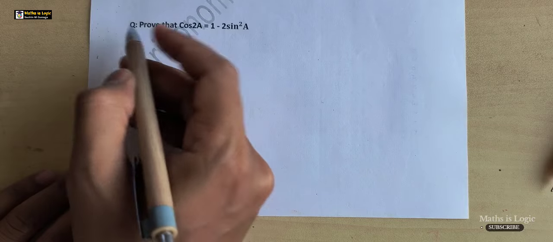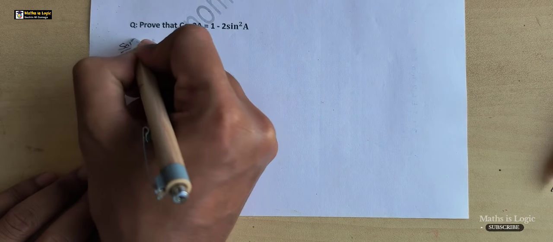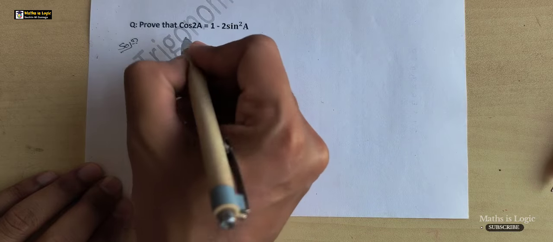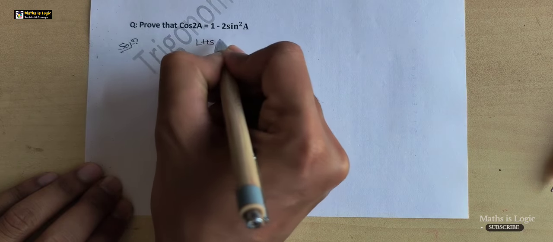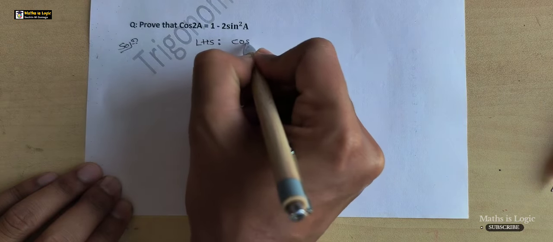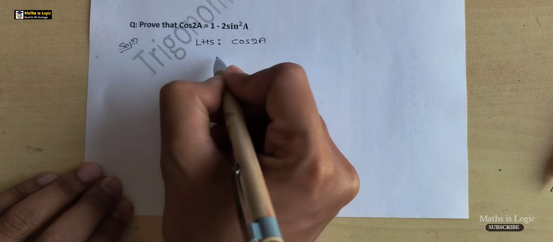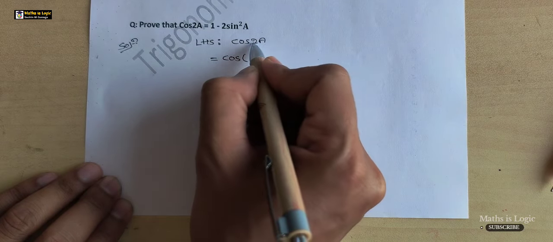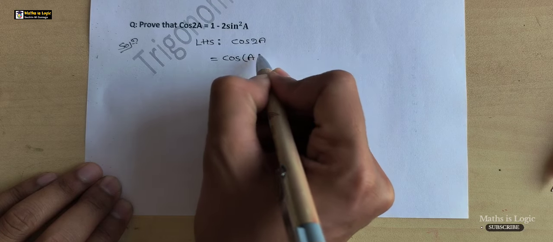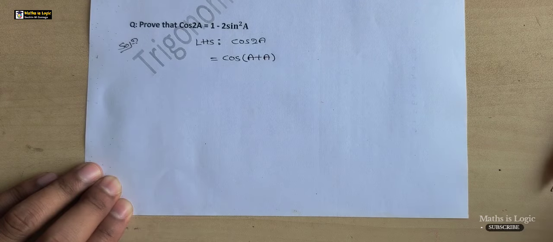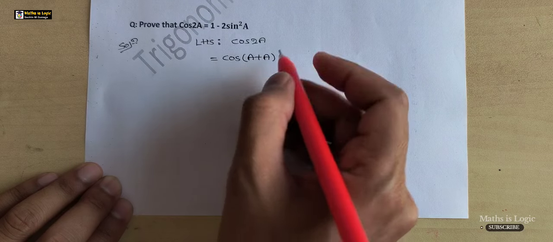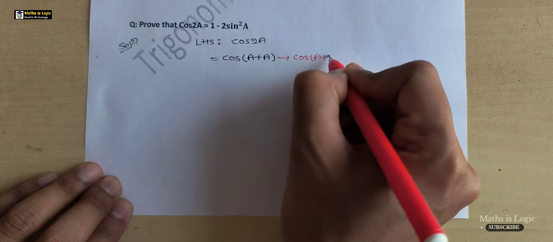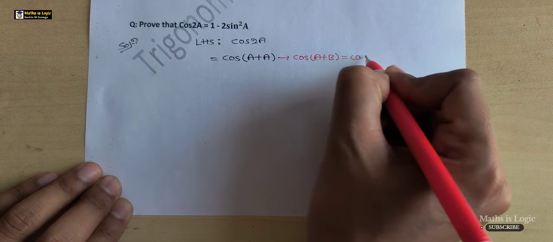Next proof. Prove that cos 2a is equals to 1 minus 2 times of sin square a. Same procedure. First consider left hand side. What is that left hand side? Cos 2a. Next, which is equals to, keep that cos as it is, split this number 2a. How to write 2a? A plus a. Once I write 2a as a plus a, that time this looks like a cos a plus b. Apply compound angle formula.